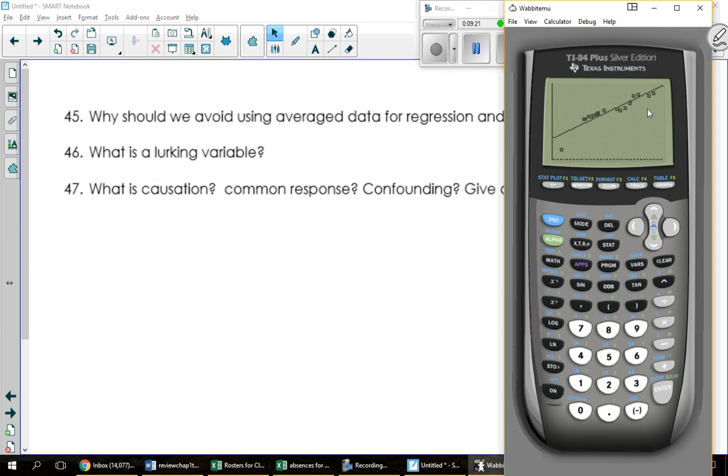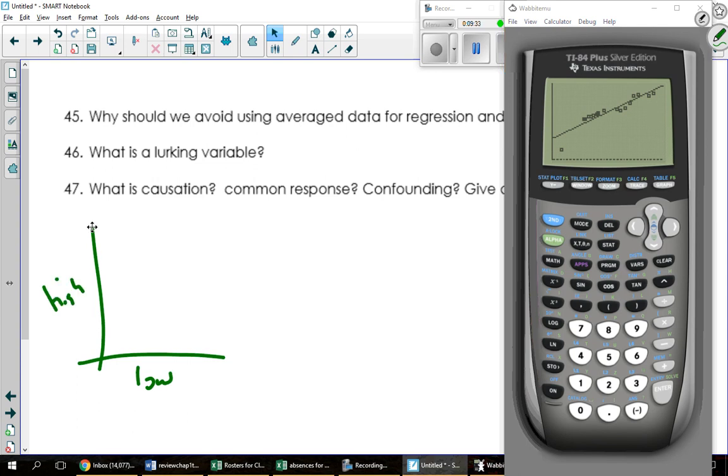Here's another way to look at it. Consider measuring the high temperature and low temperature every day throughout the whole year and graphing them. So on this graph, it's the low of the day, and on this graph, it's the high of the day, and I have lots and lots of points. And it's probably going to look something like this. I have 365 dots, and the reason it looks like that is because if the low temperature is like 25, the high temperature is probably 45.